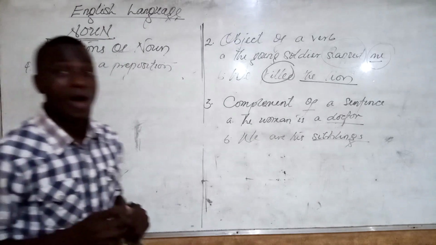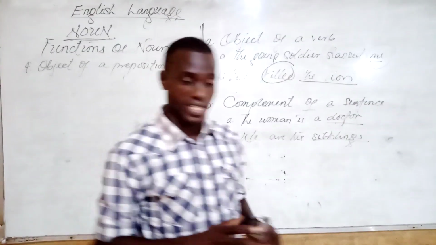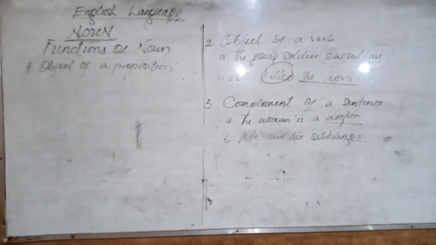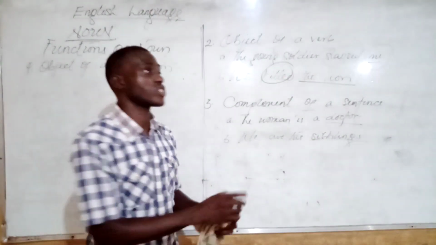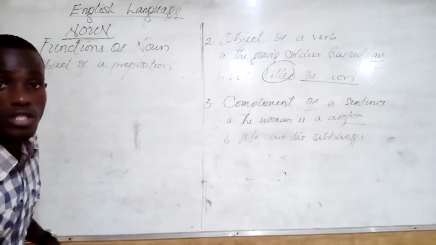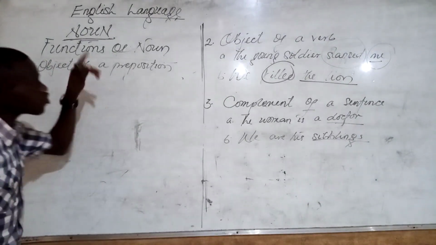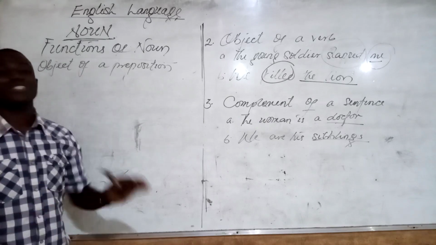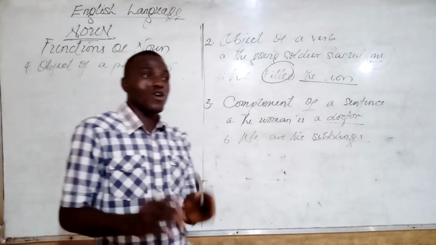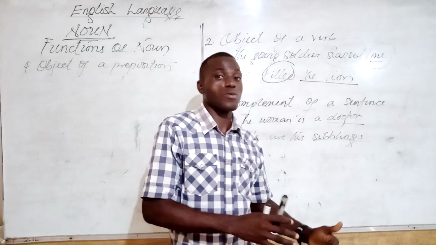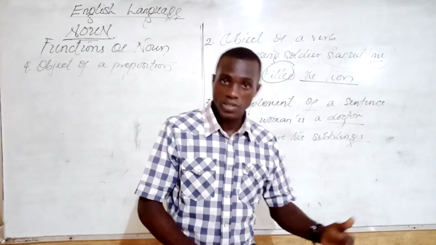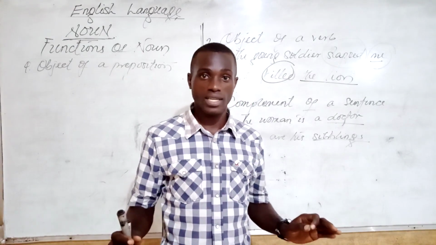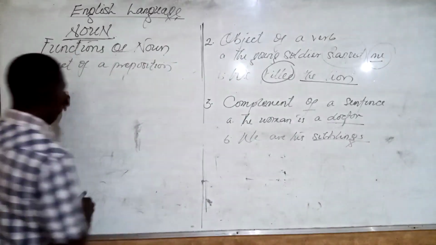Now this one is quite easily identified, because once you see that a noun is coming after a preposition, then it is going to be the object of the preposition. That is how simple it is. Once you see that the noun comes immediately after a preposition, then it's going to be the object of the preposition. That is how to identify it.